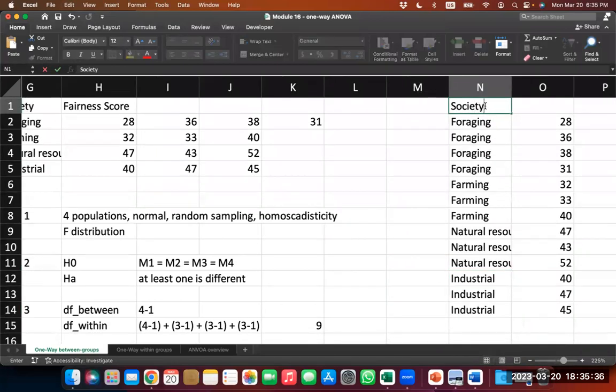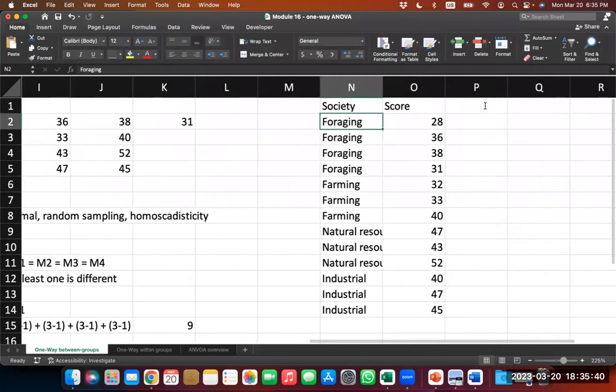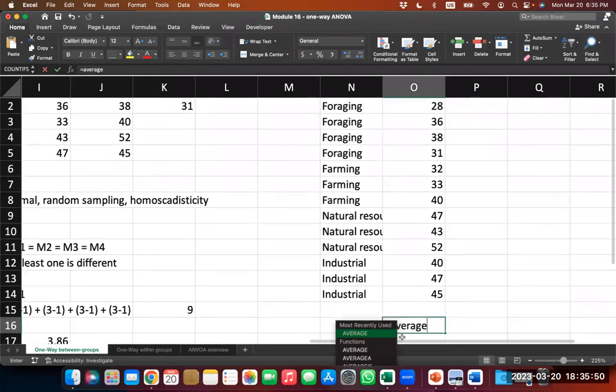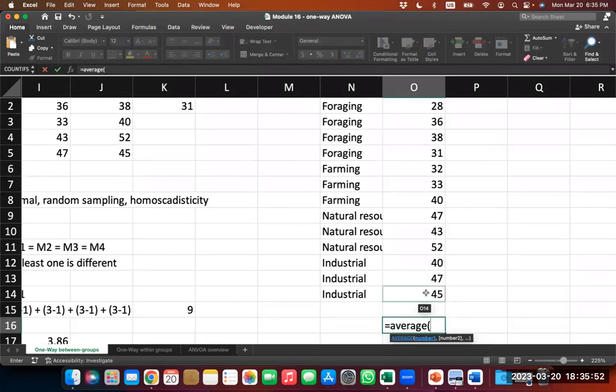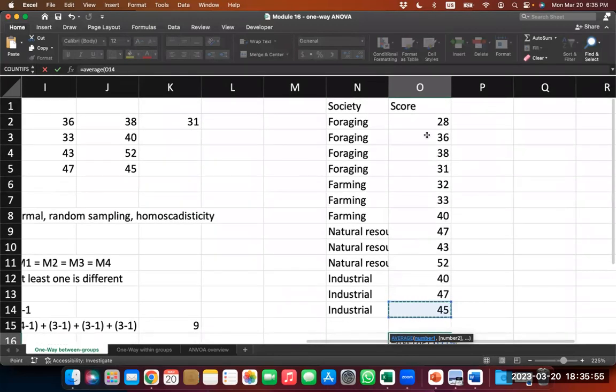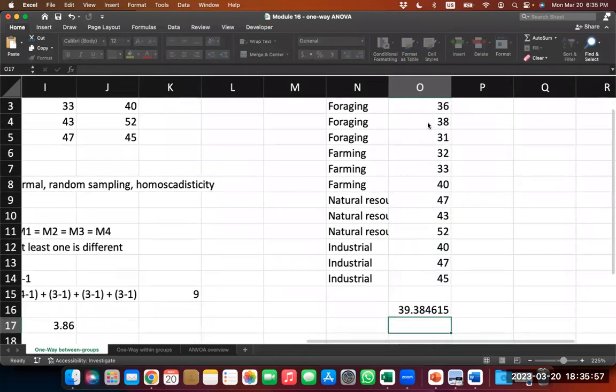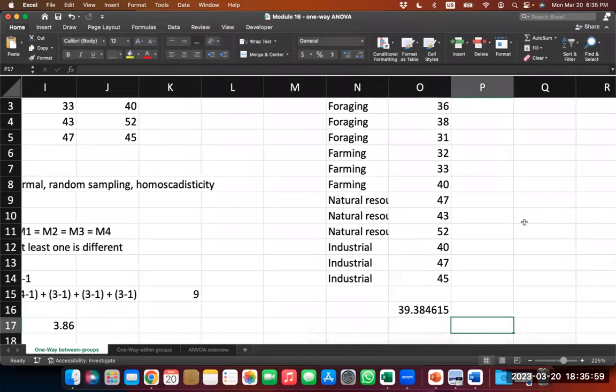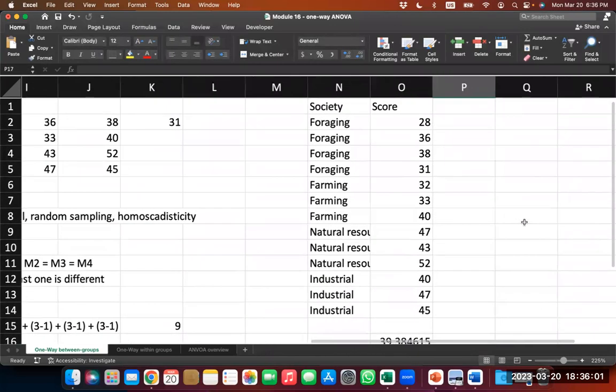I calculate the society score, you just label it. And that basically gets you all this data in the long format. The only thing you need to do now is to calculate the average, which is just the average of all these individual scores.